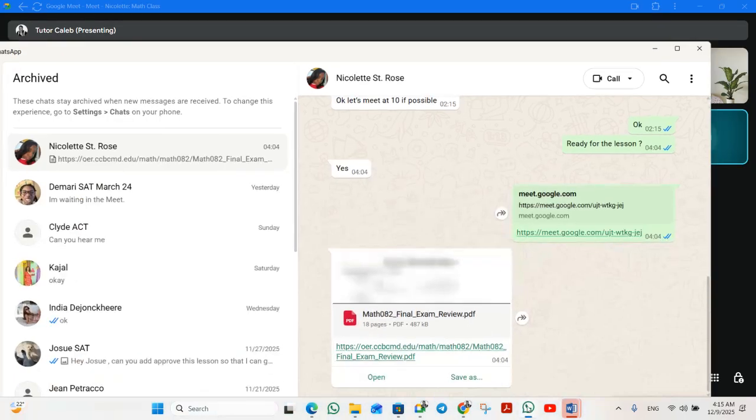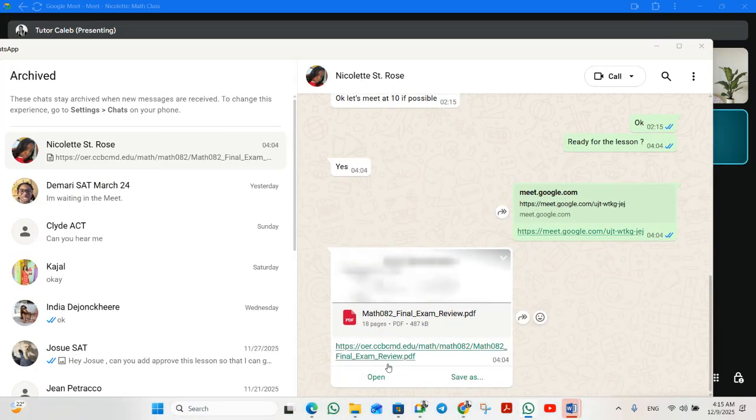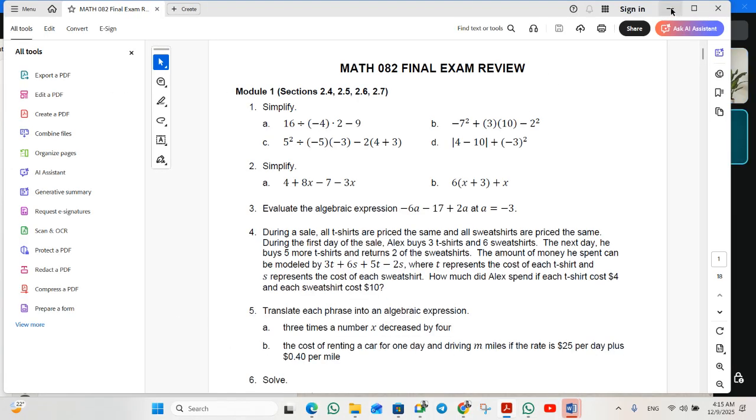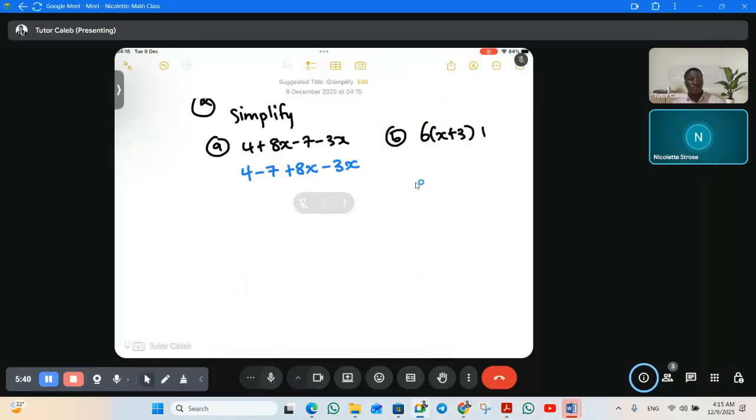Okay, so this will be negative 3. And then 8, 9. So it'll be negative 3 plus 5x. Negative 3 plus 5x. Correct. That's correct.